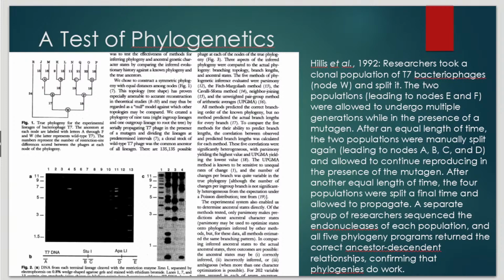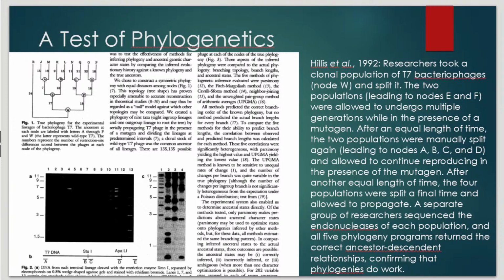Then the researchers sent these samples to another group of researchers. They didn't tell the researchers which group each of the virus samples was from. And they had the researchers sequence the endonuclease gene for each of the virus populations.